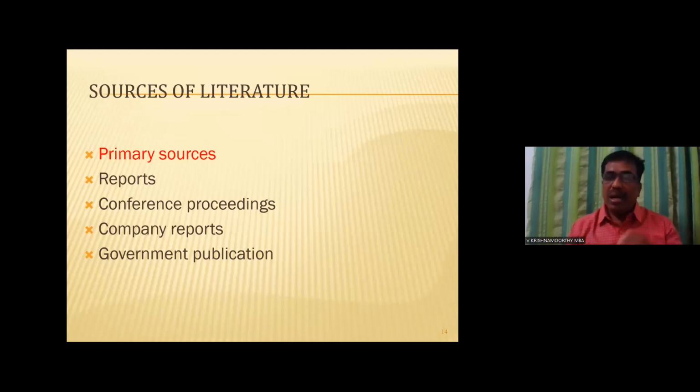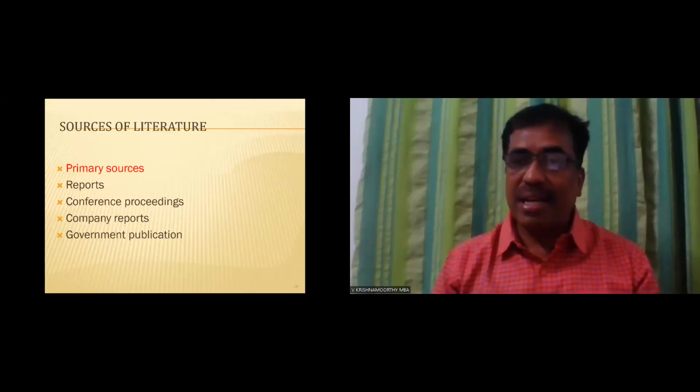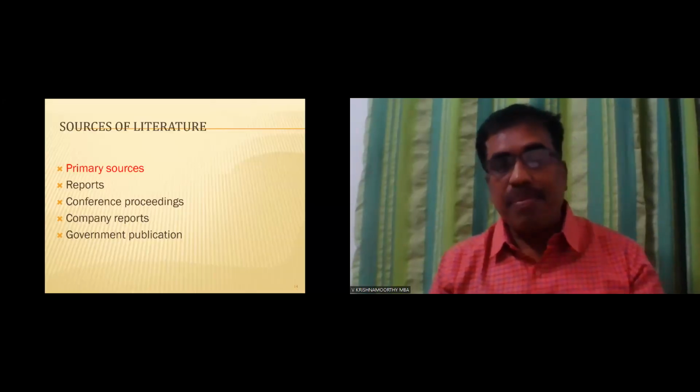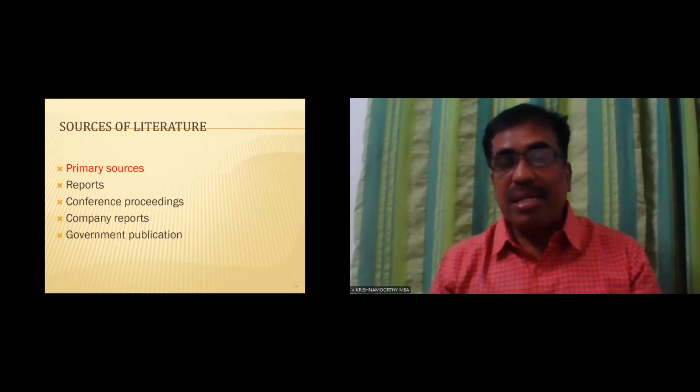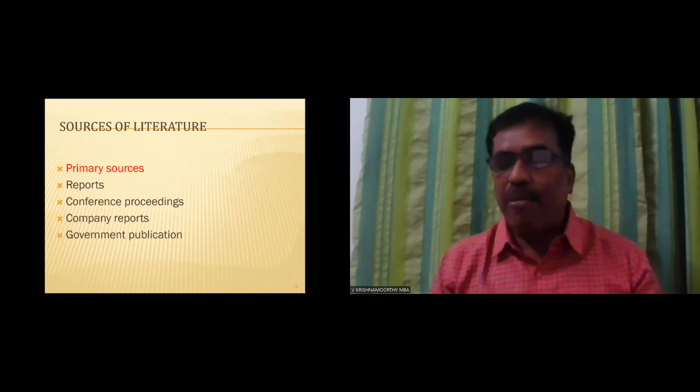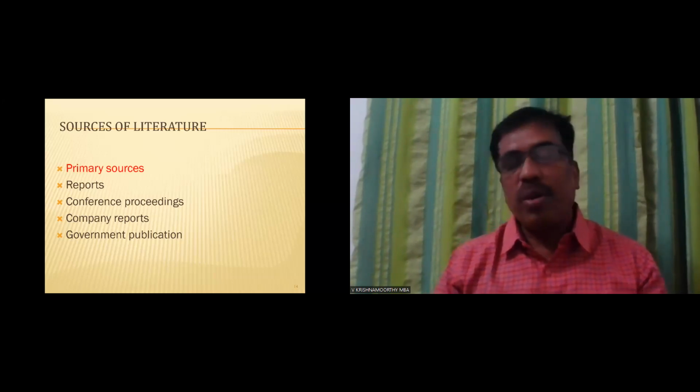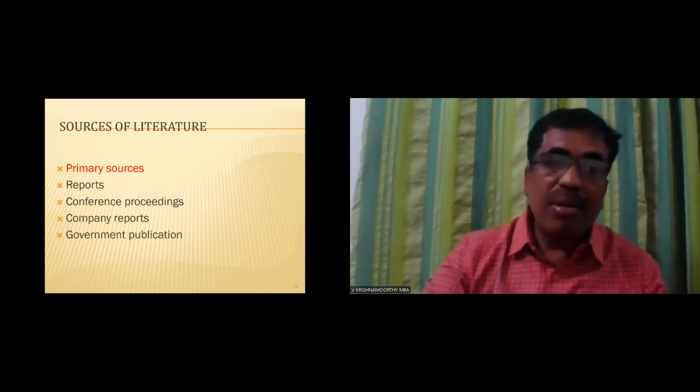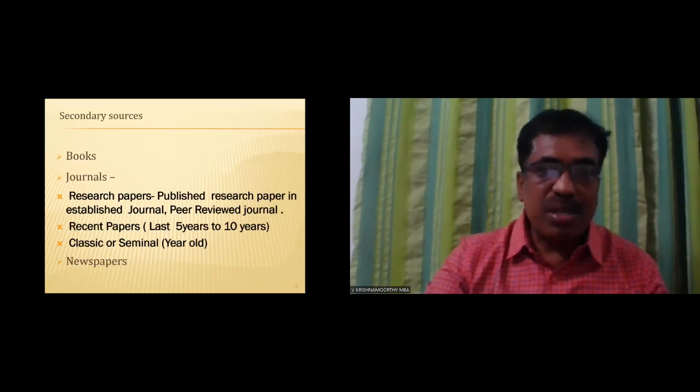You can also collect review of literature from company reports. Then government publications. For example, CSO, Central Statistical Organization, has published some reports. Similarly, let's take CMIE, Centre for Monitoring Indian Economy. They have published some data. So you can collect the review of literature from these sources.